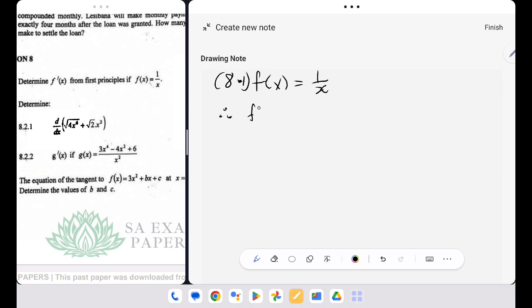Whenever they say by using first principle, we use this formula that says limit as h approaches 0, f of x plus h minus f of x over h.